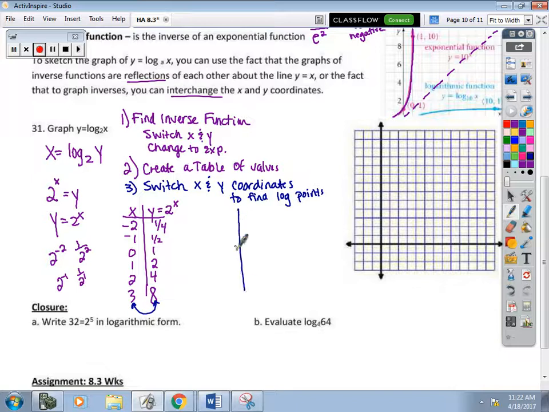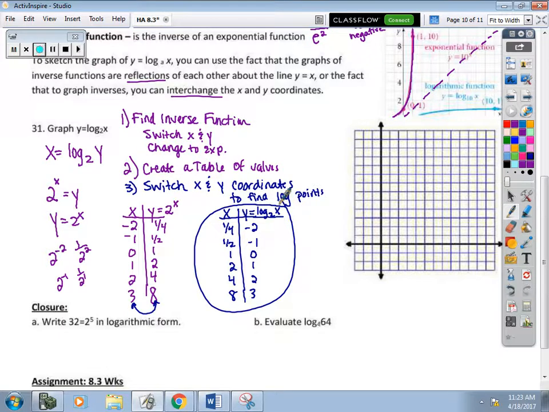The new one will become y equals log base 2 of x, which is what we're asked to graph. So we switch these. This will be 1/4, -2; 1/2, -1; 1, 0; 2, 1; 4, 2; and 8, 3. Since they asked us only to graph this function, these are the only points you need to plot.